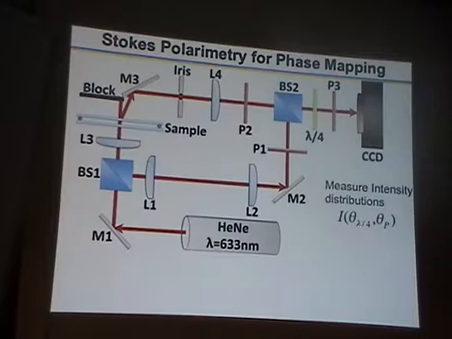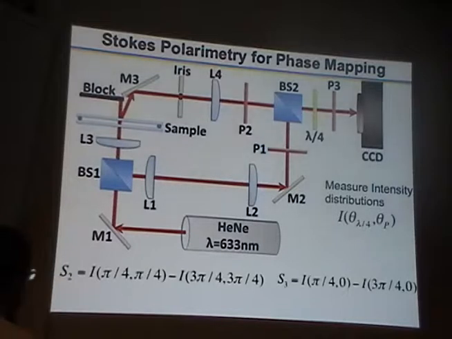We can study intensity as a function of different angles of the quarter wave plate and polarizer, which then allows us to find the Stokes parameters. In particular, we need S2 and S3, and those are found, as you can see, by simply using intensity patterns that we detect using the CCD camera.